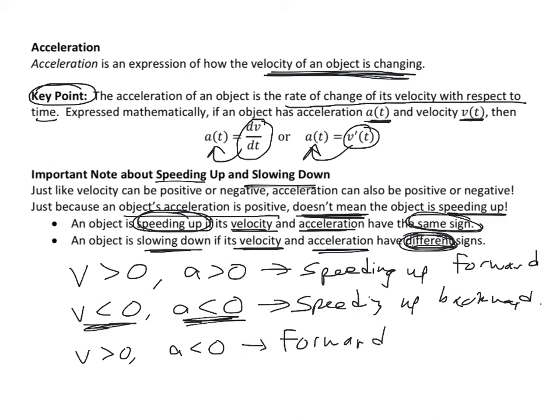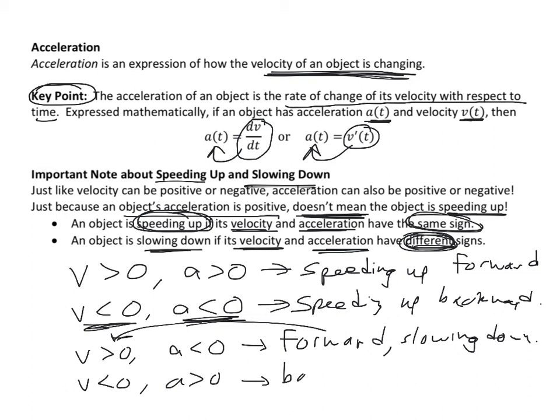Why am I going forward? Because my velocity is positive, but I'm slowing down. And similarly, if my velocity is negative, that means I'm going backward, right? If my velocity is negative, but my acceleration is positive, that means, sure, I'm going backward, but I'm slowing down.